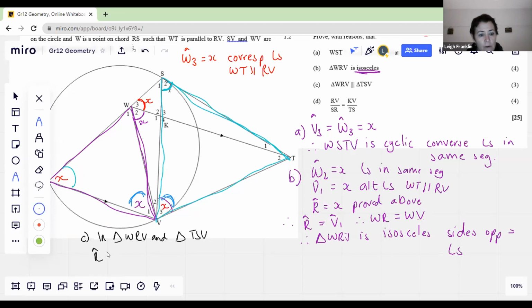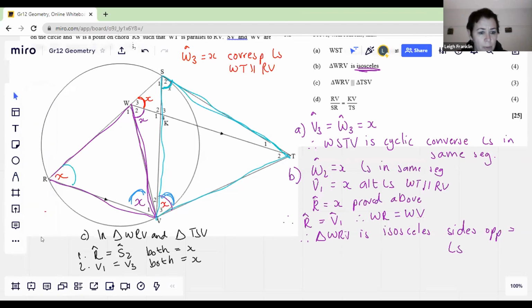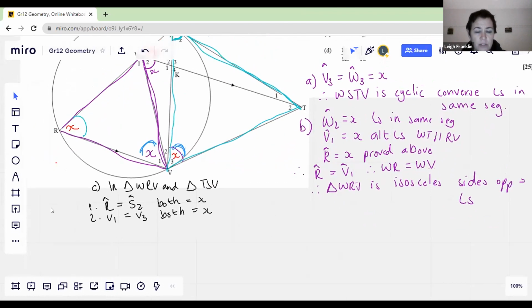Okay, so R equals S2 because they both equal X. That's the first point. Second point, V1 equals V3 again because they both equal X. Let's move this up. Okay, so therefore, last point.